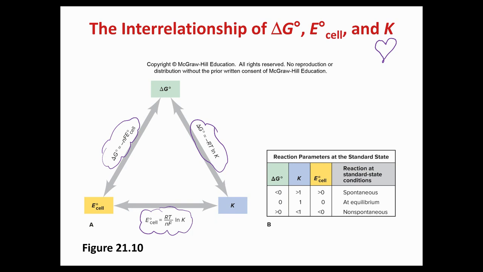In our previous question, at 298, you could take our 1.10 volts and solve for K. Recall, K would be equal to e to the negative delta G naught over RT. And here, K would equal e to the E of cell times NF over RT.